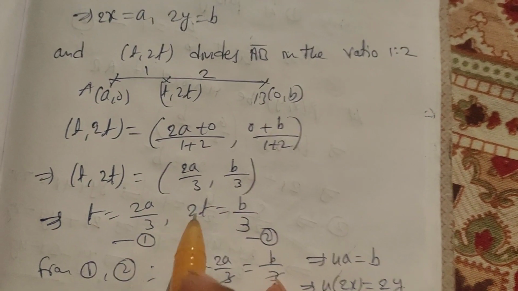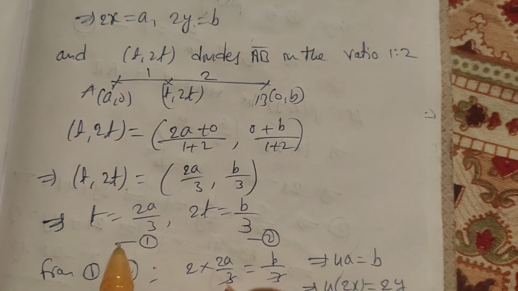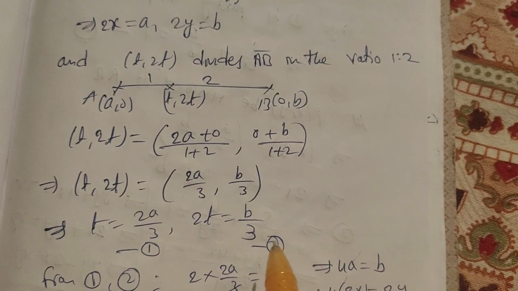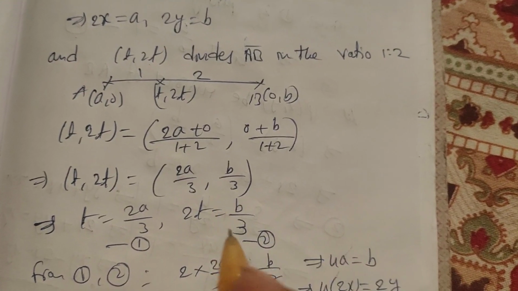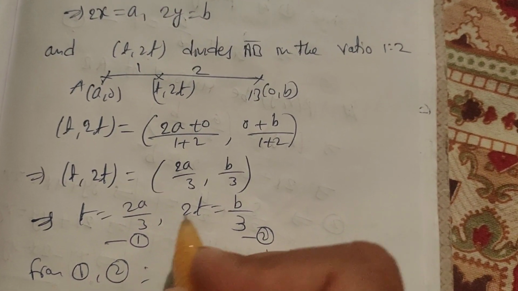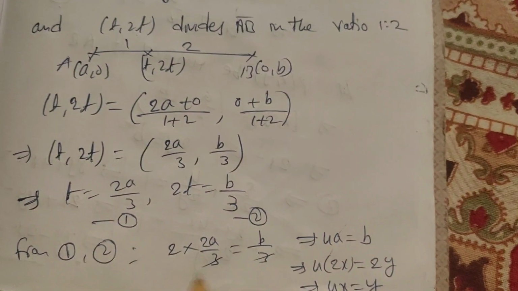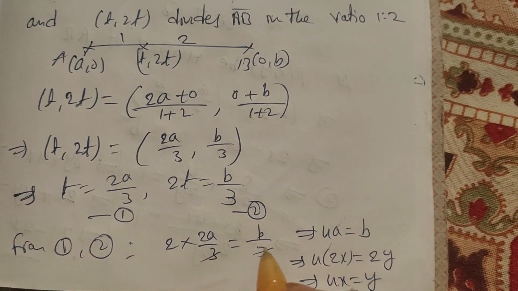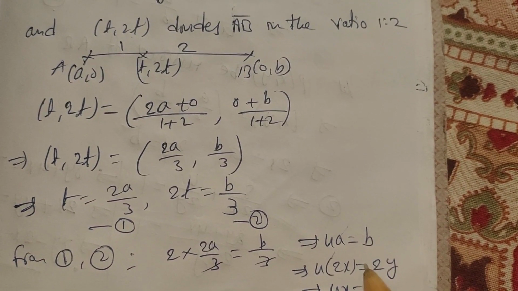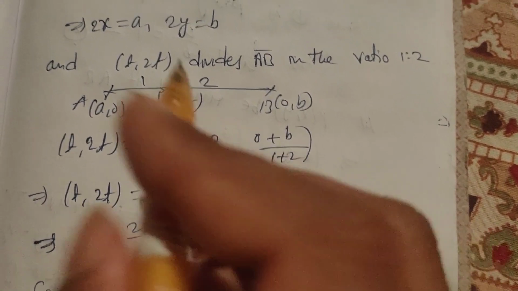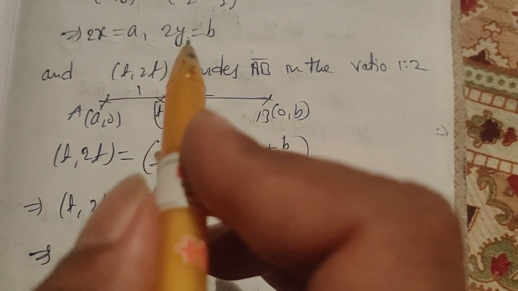You can eliminate t from these two equations. Take this as the first equation, this as the second equation. Substitute the first into the second, t will be eliminated. So 2 into a/3 is equal to b/3. The denominators 3 cancel, 2a is equal to b. Already we have a is equal to 2x, b is equal to 2y.